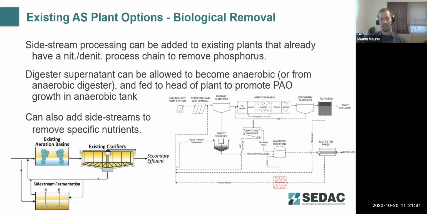And then that feeds back into their existing nitrification and denitrification process. So with the addition of one additional tank, plugging that into a recycle loop that's already there for the supernatant process, you can minimize the energy impact for removing phosphorus for a plant that is already meeting their denitrification targets.